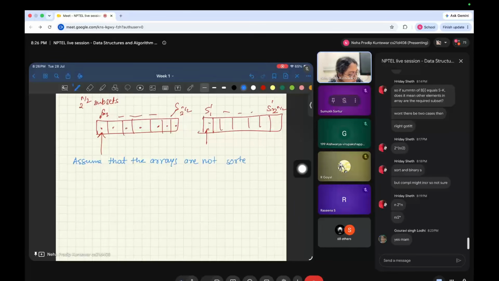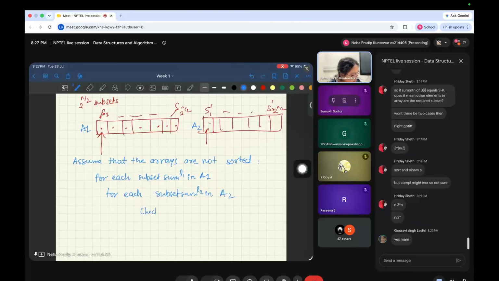Then what you will do is, let me call this a1, let me call this entire array a2. For each subset sum in a1 and for each subset sum in a2, suppose this is l1, this is l2.